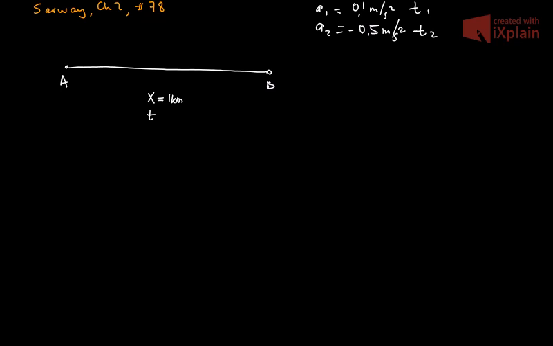Find the minimum time interval of travel t and the time interval t1.